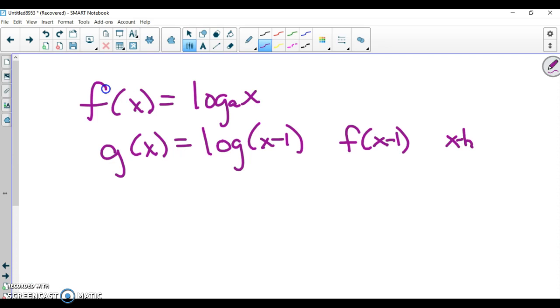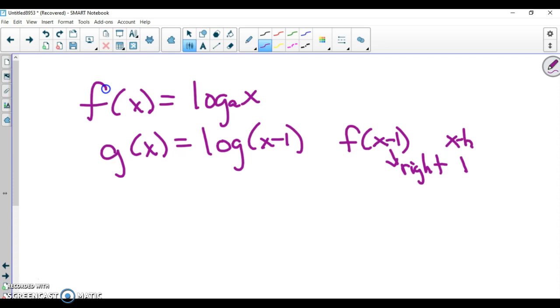So we can make a very strong assumption that this is moving our graph horizontally to the right one place. We've taken the parent function and shifted it right 1.